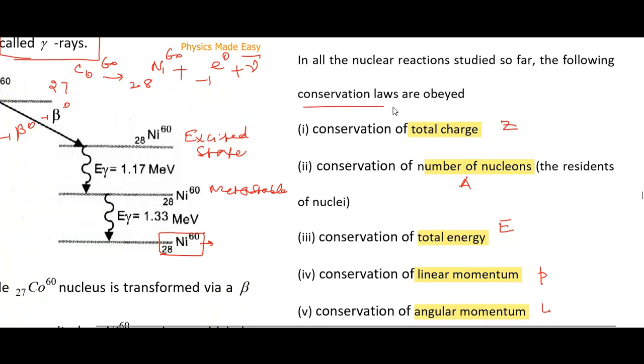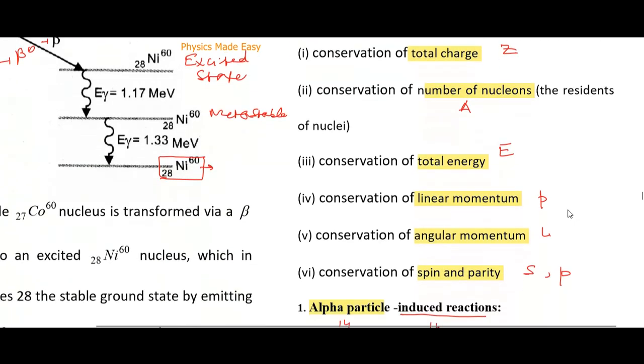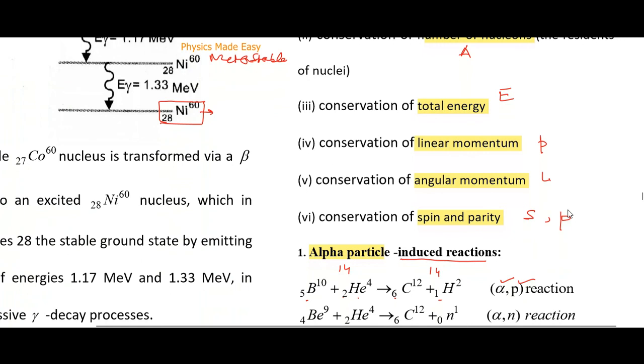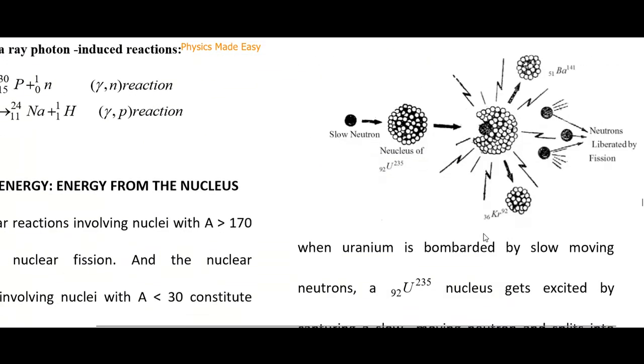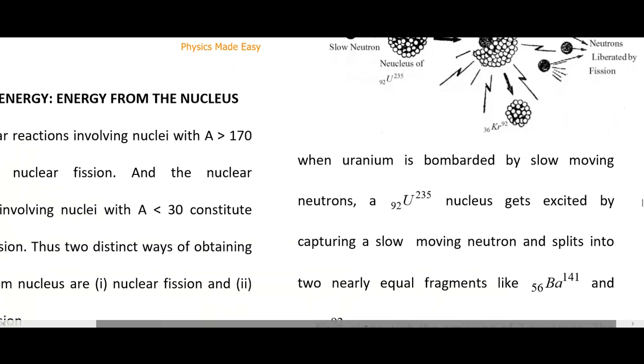The conservation laws obeyed are conservation of mass number A, conservation of atomic number Z, then total energy conservation, linear momentum conservation, angular momentum conservation, spin and parity conservation. So it obeys all these conservation principles.